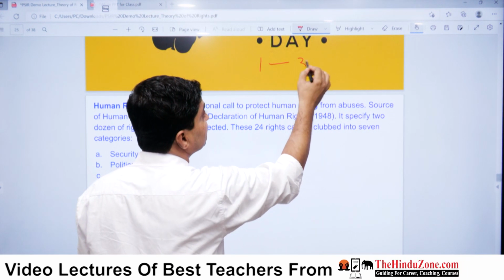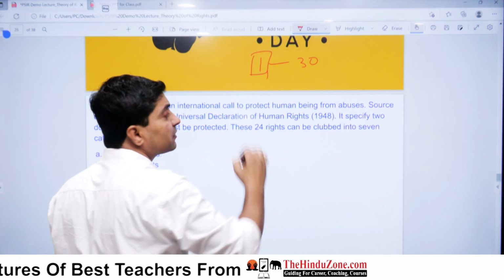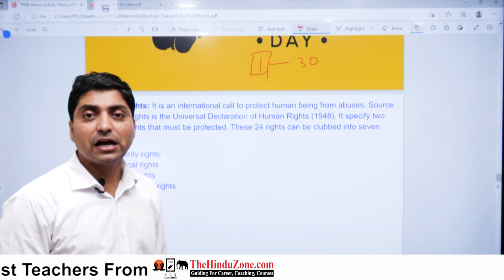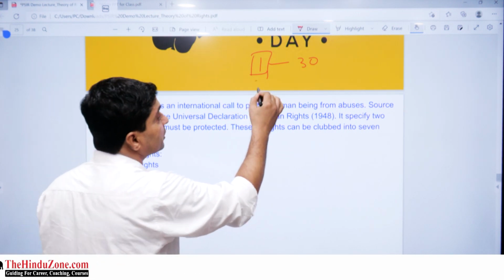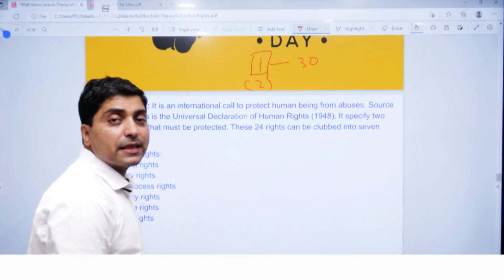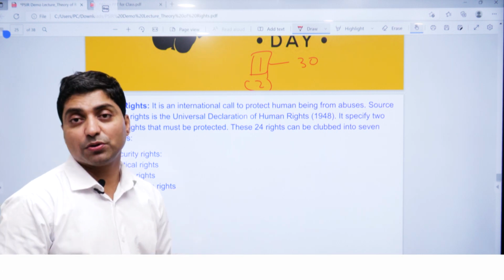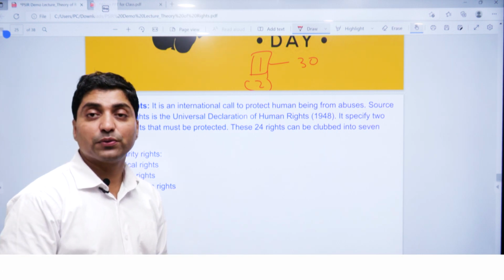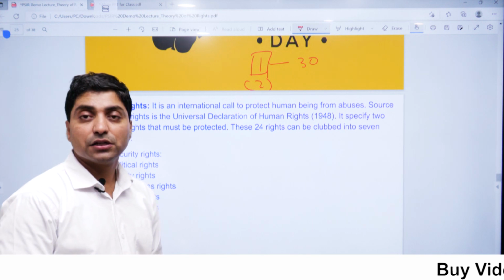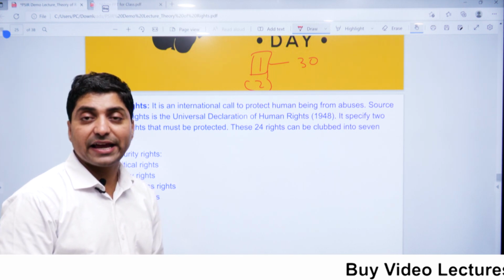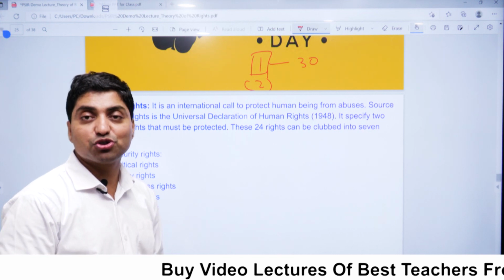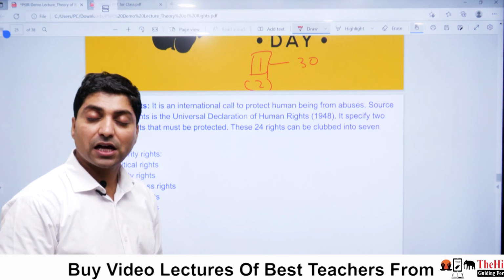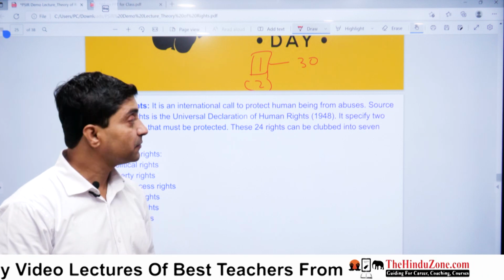Article 1 states that all human beings have equal worth. Second, each individual, irrespective of nationality, religion, sex, race, caste, or gender, has certain rights.